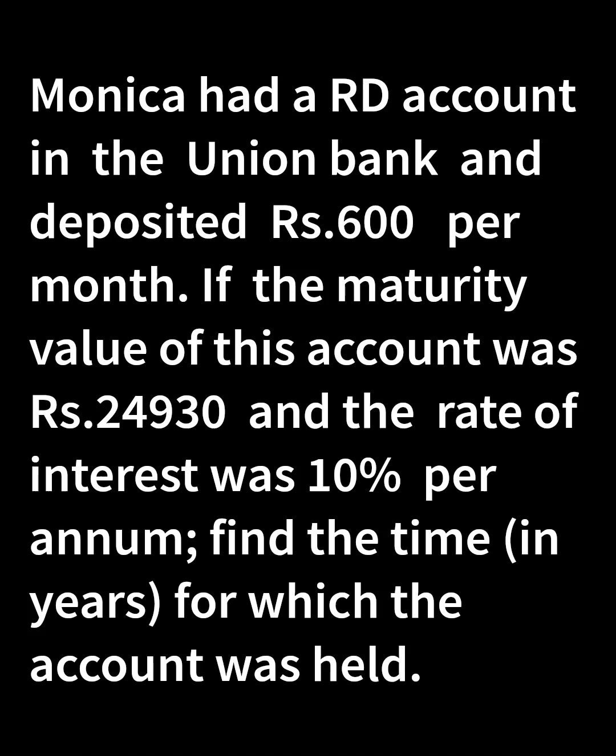Monica had an RD account in the Union Bank of India and deposited rupees 600 per month. If the maturity value of this account was 24,930 and the rate of interest was 10% per annum, find the time in years for which the account was held.